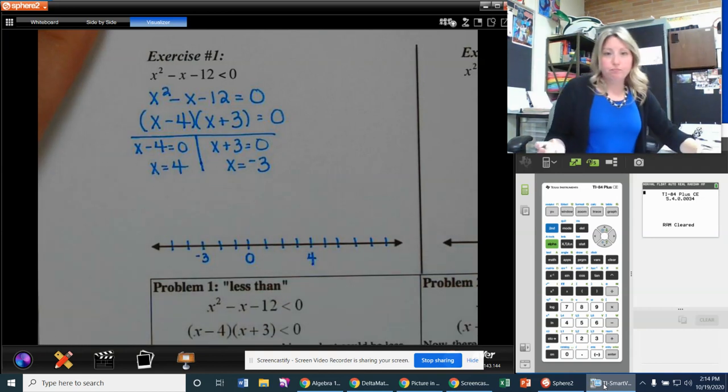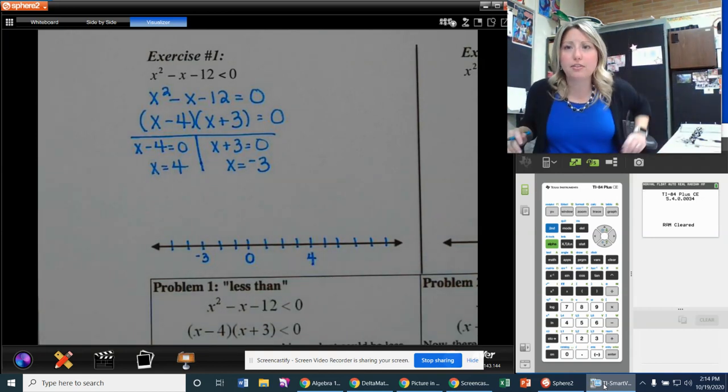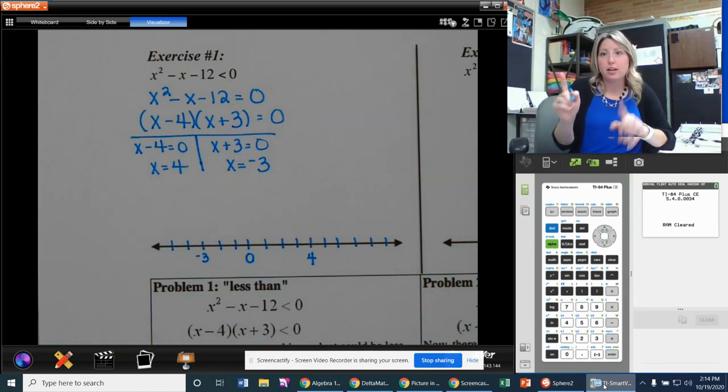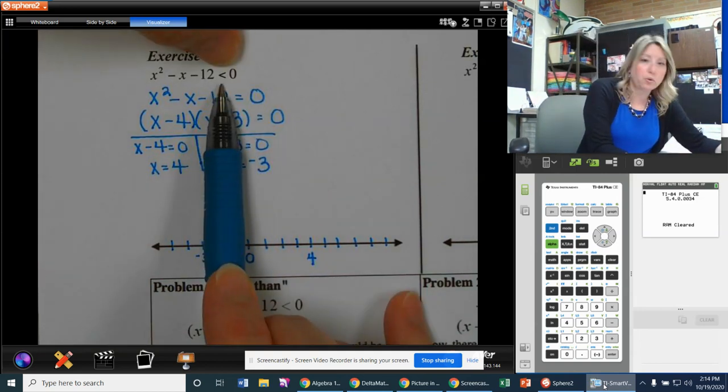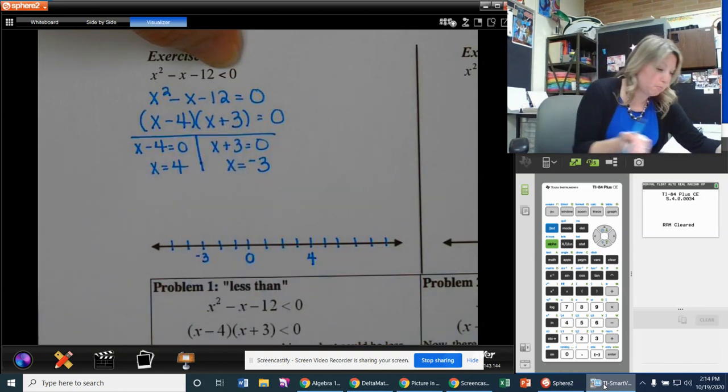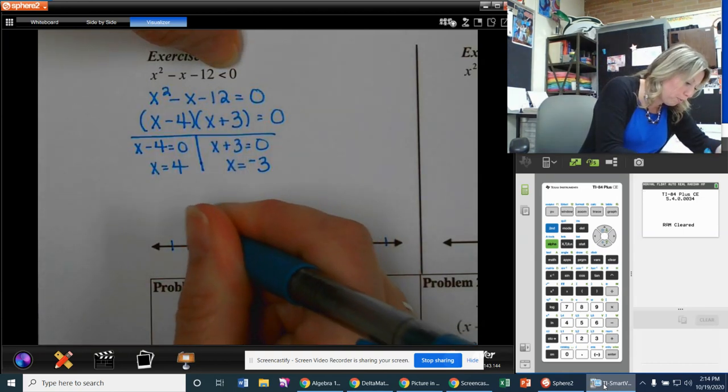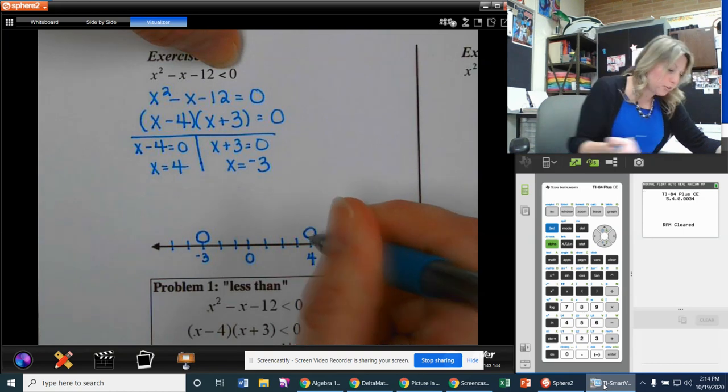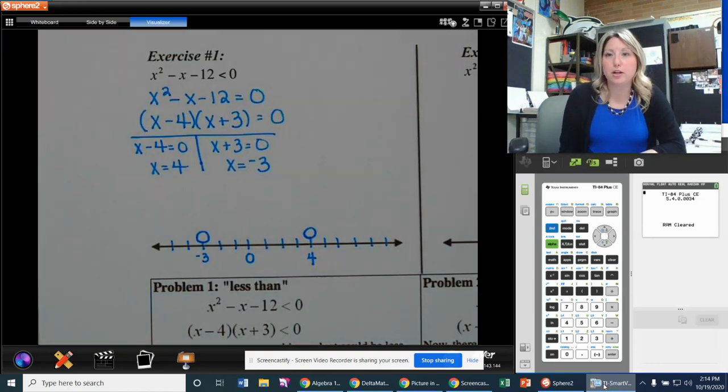There we go. Now is when I think back to what was my inequality sign. Okay, so it was a less than. So that means that I don't color in my dots, right? These are open circles over my two numbers in question, my negative 3 and my positive 4.